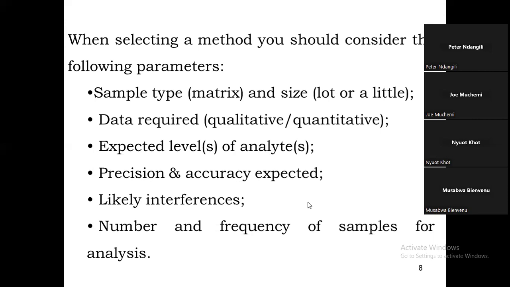Now, what kind of data is required? Is the data qualitative or is it quantitative? If it is qualitative, for example, in the choice of whether a solution is acidic or basic, just use a litmus paper or an indicator. If it is quantitative, you need to go ahead and do what we call quantitative analysis. For example, you carry out a titration so that you can tell us that this is the concentration of the acid.